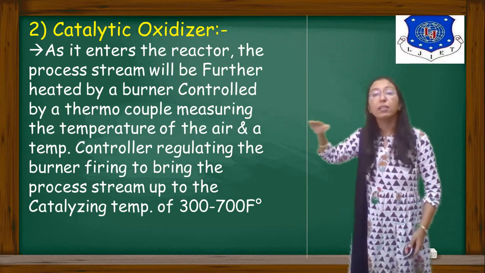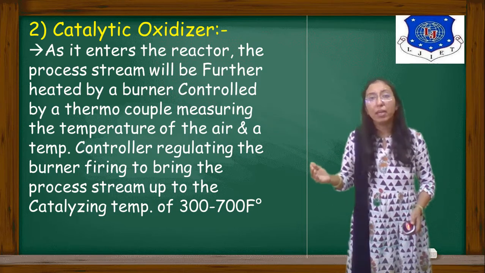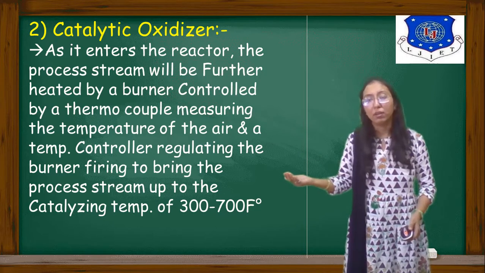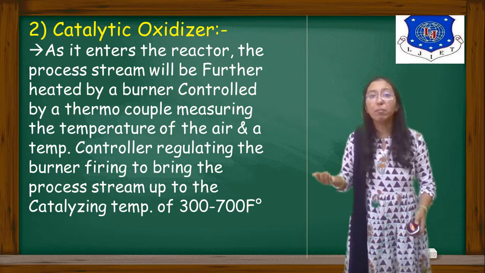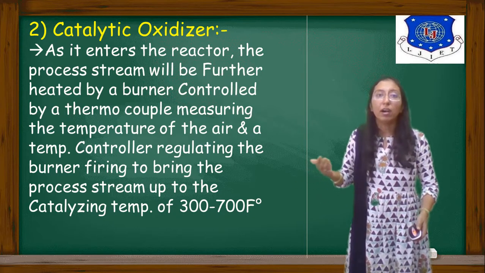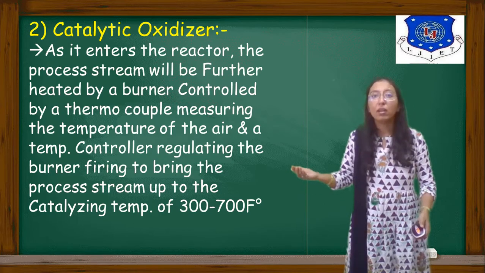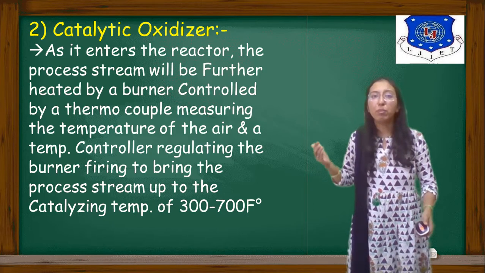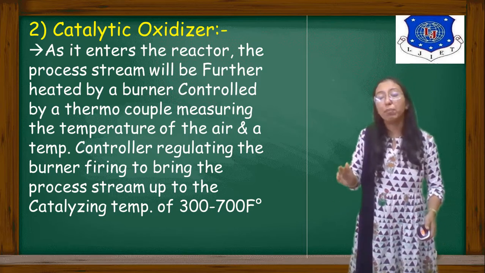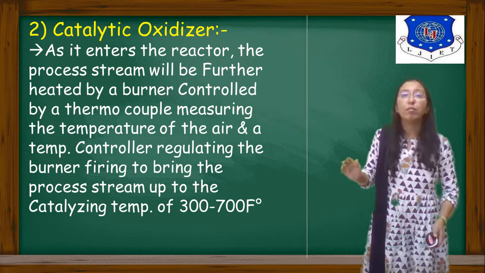As it enters the reactor, the process stream will be further heated by a burner controlled by a thermocouple measuring the temperature of the air and a temperature controller regulating the burner firing to bring the process stream up to the catalyzing temperature of 300 to 700.